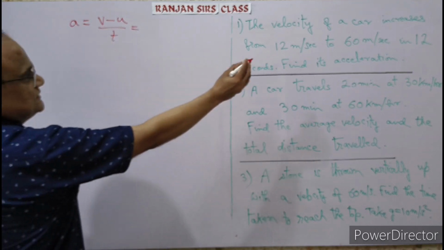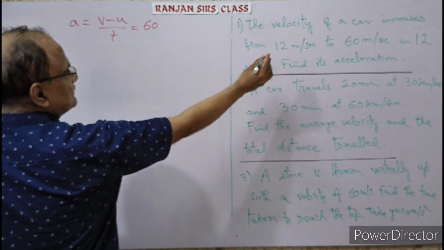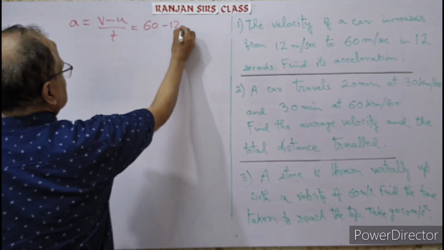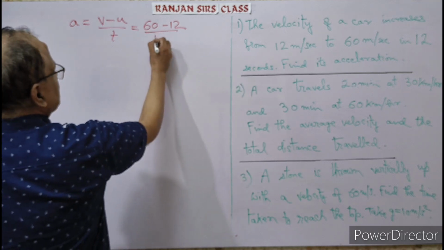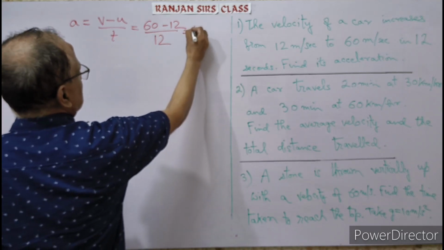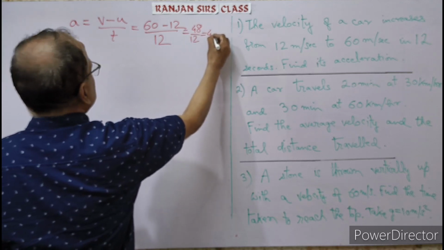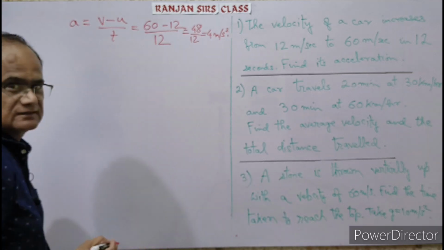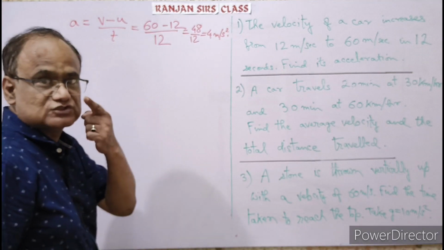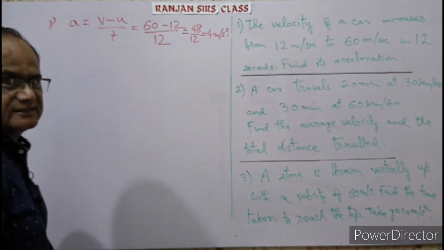The final velocity is 60 meters per second, initial velocity was 12, so 60 minus 12 divided by time. Time taken is 12 seconds. So I am getting 48 by 12 is equal to 4 meters per second square is the acceleration. Clear? Understood? Okay, good. Number 1 done and dusted.